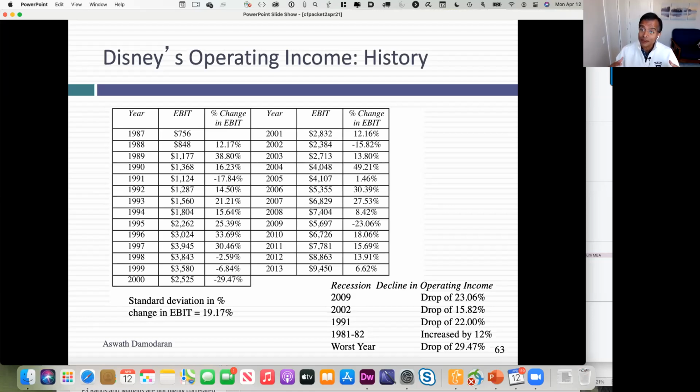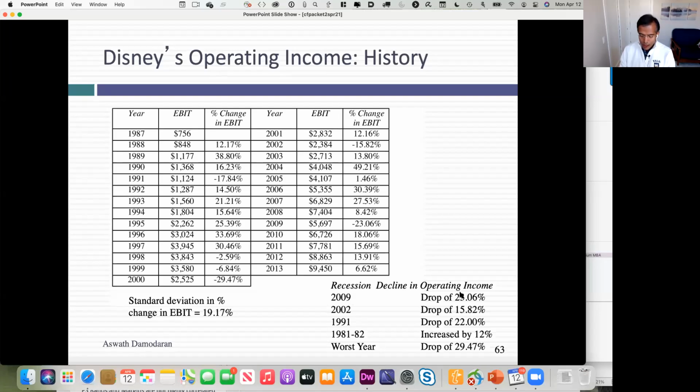So I'm getting a sense that is a really, really bad year. More typical for Disney is about a 10 to 15% drop in operating income. They're a company with enough diversification across multiple businesses that you'd almost never see a 50% drop in operating income. I don't know what COVID did to them, but COVID, I think, clearly would have overwhelmed any of these things. So there's my change in operating income.